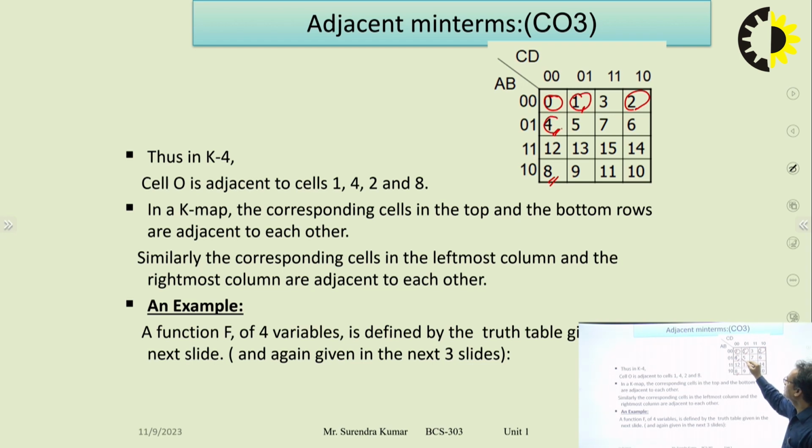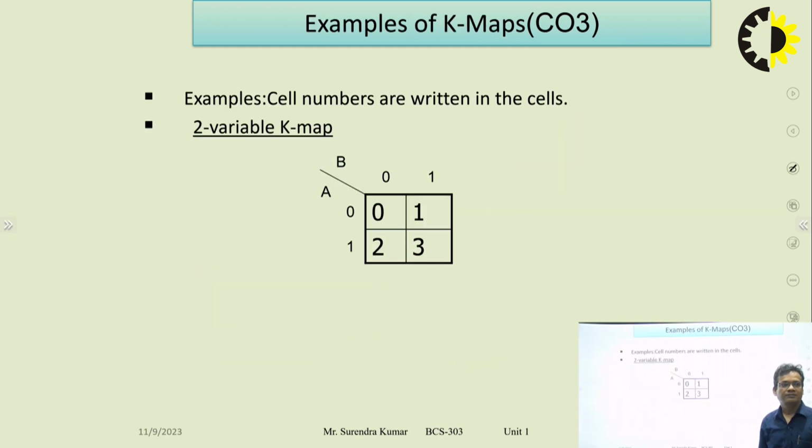You can see there is a single change here, again a single change in C, a single change in A, and a single change in B. So a single change, or minimum change, is what makes cells adjacent minterms.